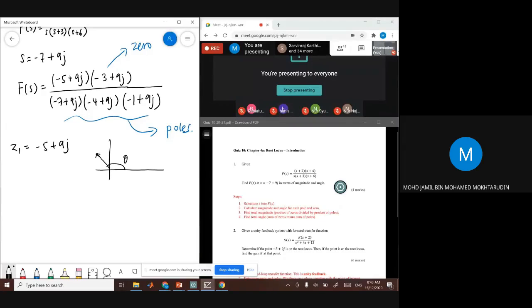So the magnitude M1 is square root of 25 plus 81, so you get square root 106. And then theta 1 is 180 degrees minus tangent inverse of 9/5.